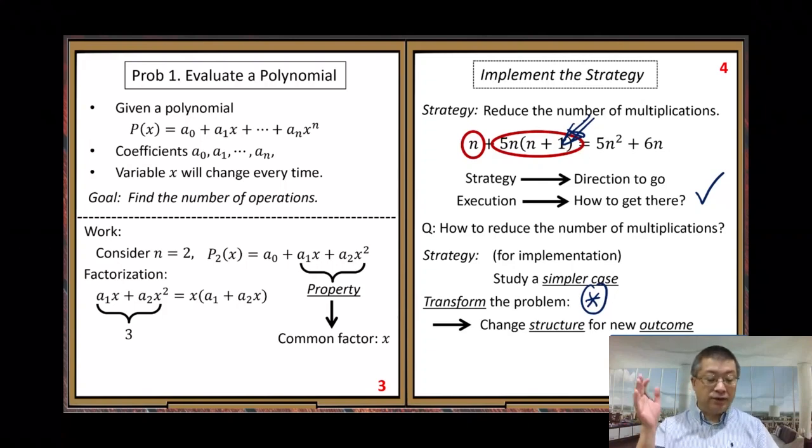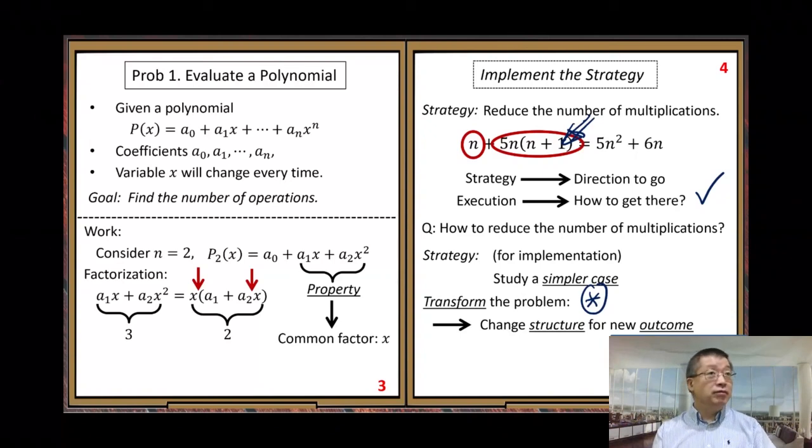Let us count the second expression. First multiplication, this red arrow, x times the whole parenthesis. The second multiplication, a2 times x. In total, you only have 2 multiplications.